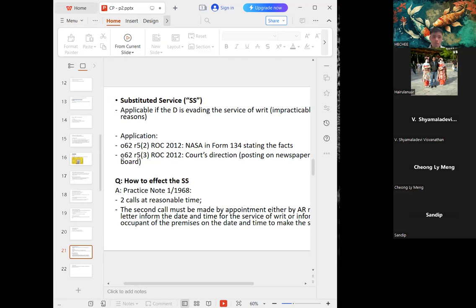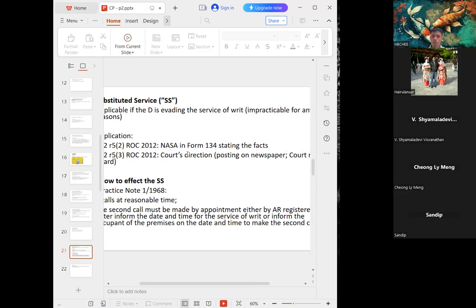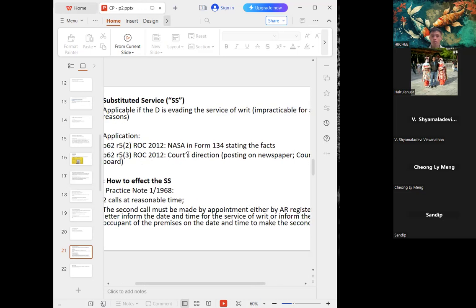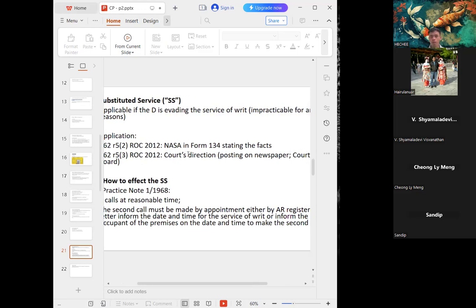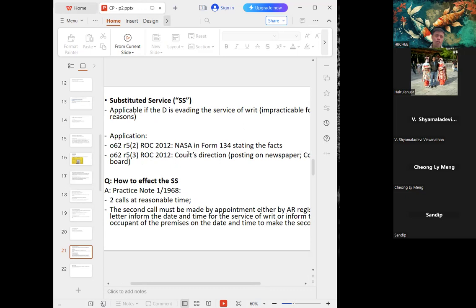Or Order 62 Rule 5, Sub 3, the court's direction. It can be put in the newspaper sometimes, because last time, this is my experience, it was in other states, so we already found a process server to serve the writ. But the writ cannot be served.